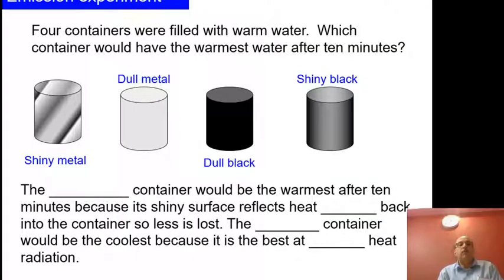Here we have 4 containers filled with warm water. The first is of shiny metal, the second is of dull metal, the third is of dull black, and the fourth is of shiny black.